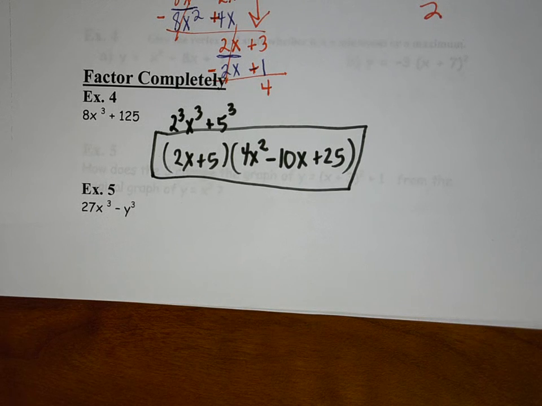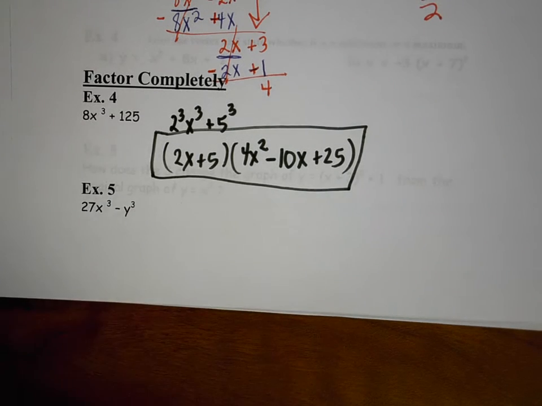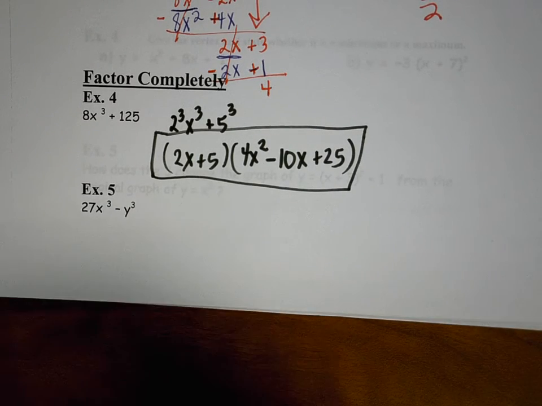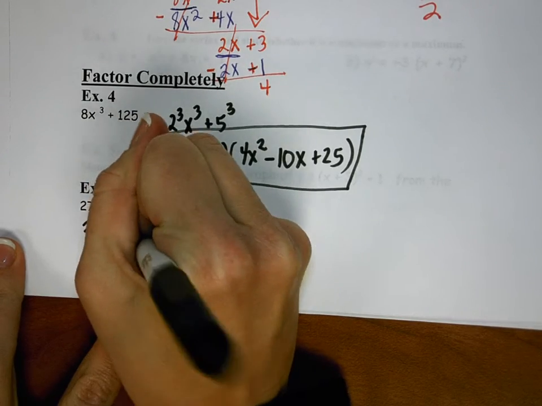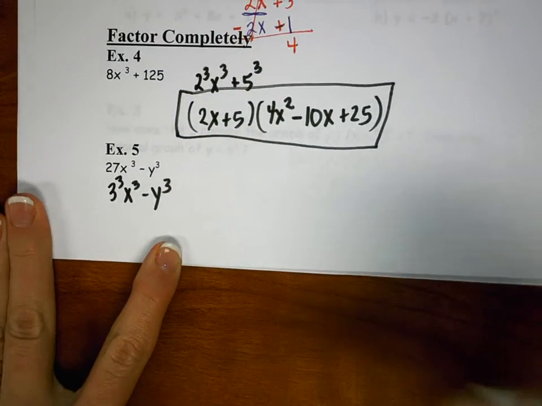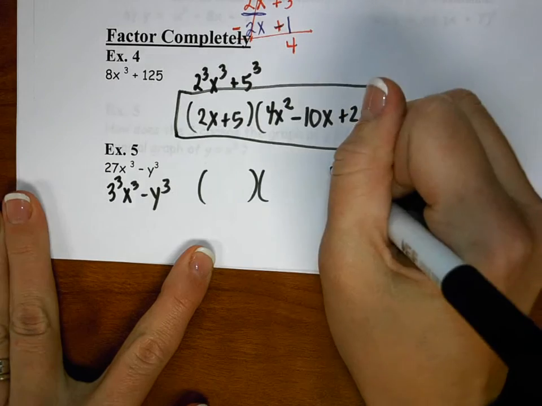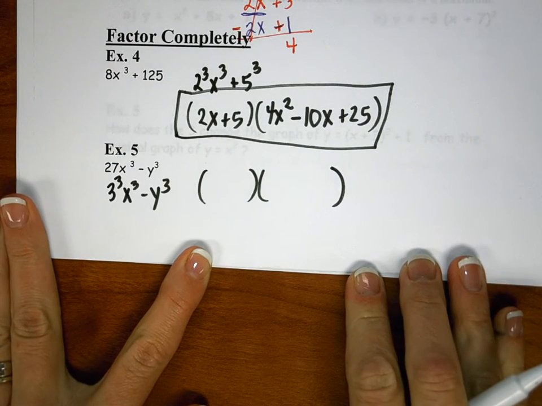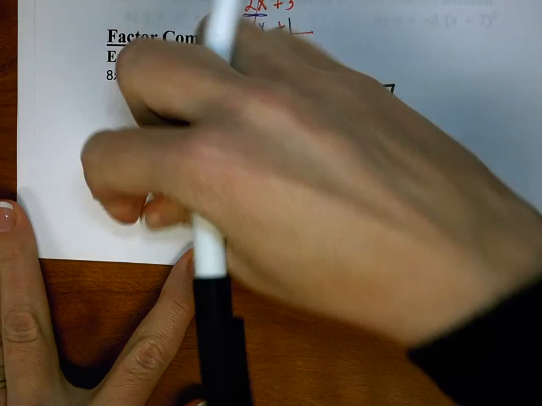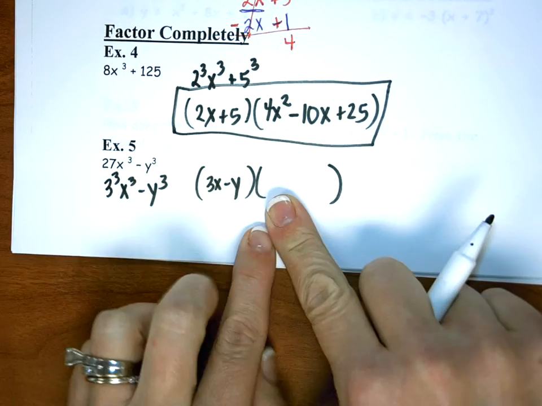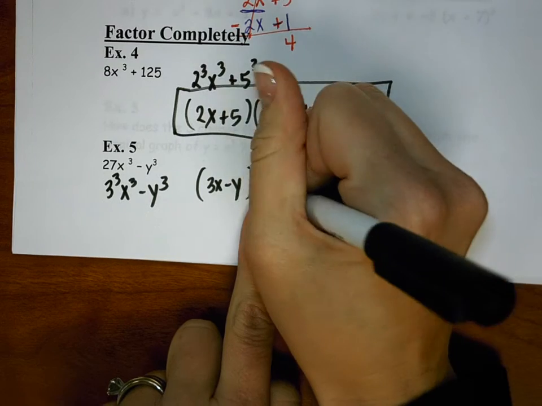Okay, so we need to write everything as a cube. How would I write 27 as a cube? 3. Good, so we have 3 cubed, x cubed minus y cubed. All right, so now I make my 2 parentheses. My first parenthesis is 3x minus y. I just take away all the cubes. My first term's going to be what? 9x squared.